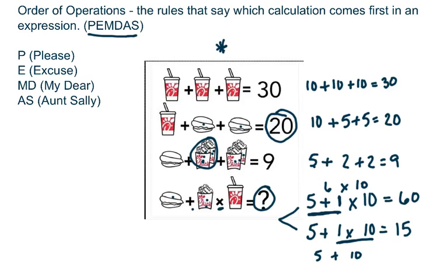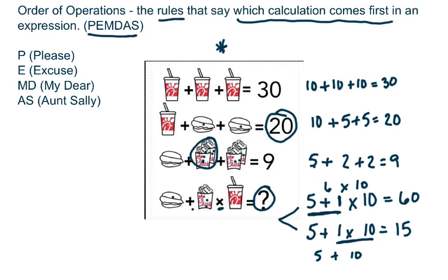This is exactly why we need to follow a set of rules that tell us which calculation comes first. So when we look at please excuse my dear Aunt Sally, or order of operations, PEMDAS, what we notice is that we have a P followed by an E, followed by an M and a D on the same line, and an A and an S. Those letters all stand for different mathematical operations or different things in math.